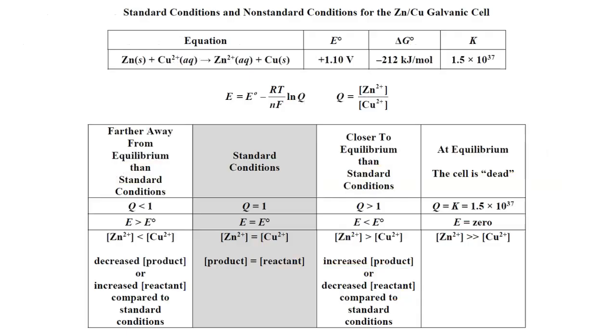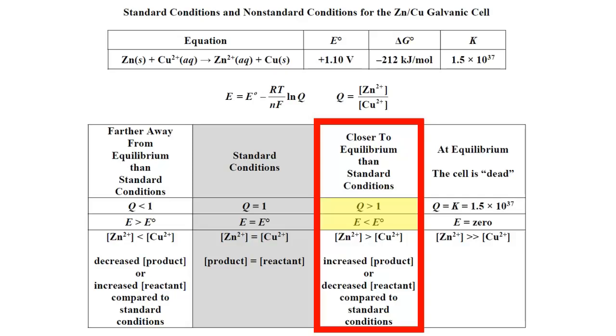Now on this slide, this is something I presented in my video that included topic 9.10, non-standard conditions. When Q is greater than 1, the cell potential is less than the standard cell potential. So when would Q become greater than 1? Either you have an increased concentration of product, or, as in this example with that precipitate, a decreased concentration of a reactant.